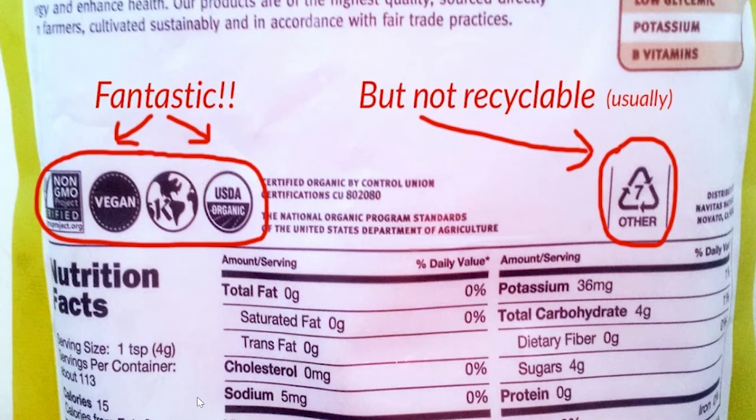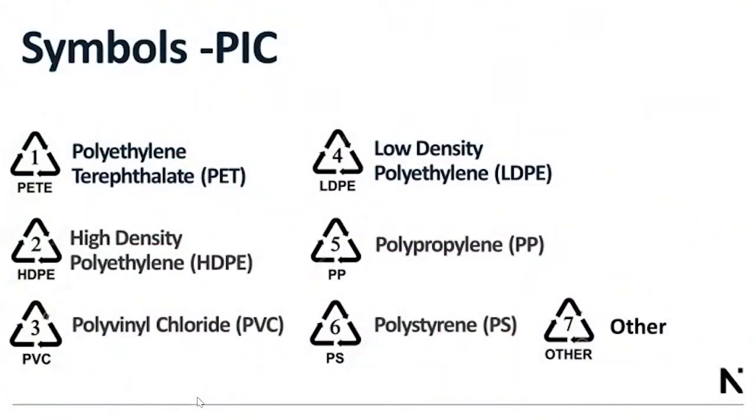So, summarizing, okay, PET and HDPE, picks 1 and 2, are widely recycled by most boroughs and worldwide. LDPE and PP, so picks 4 and 5, will depend on the borough where you live, okay?